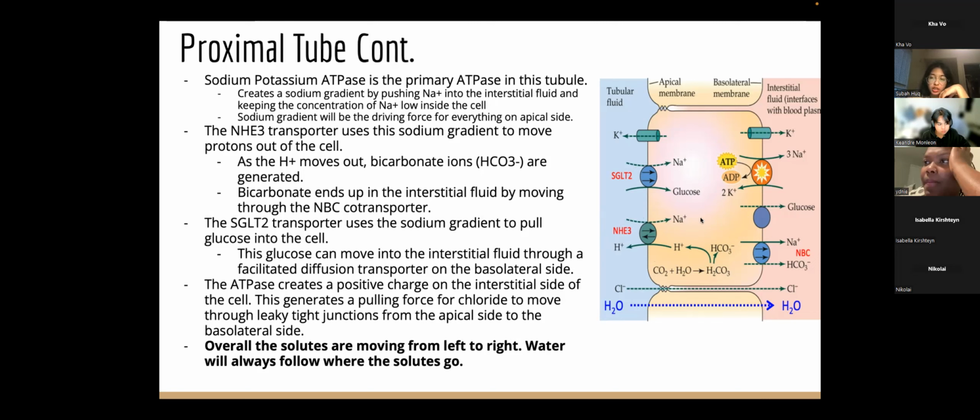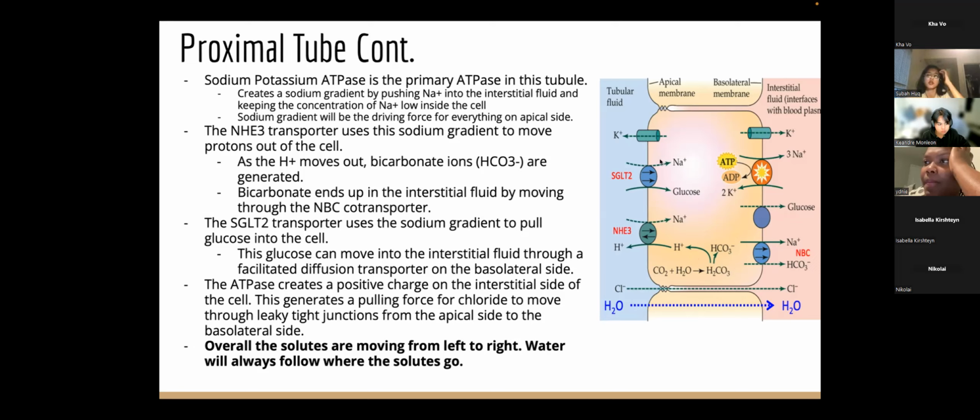As it's doing this, it's also generating bicarbonate, which will end up leaving the cell, going into the interstitial fluid through the NBC transporter.